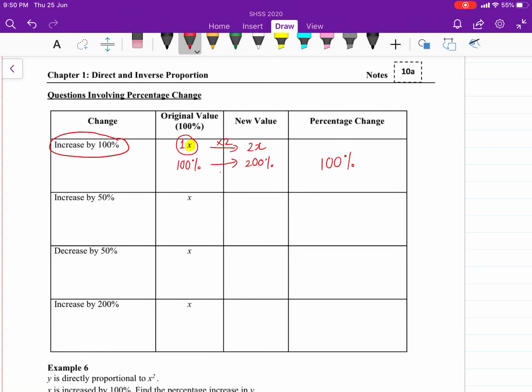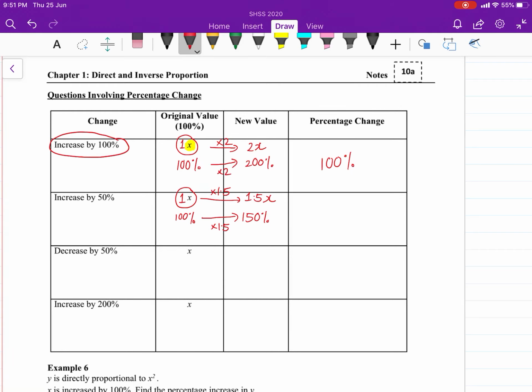Now, when I say increase by 50%, again, the same thing. This is 1X, this is 100%. When I increase by 50%, it becomes 150%, which means it's multiplied by 1.5. You see?